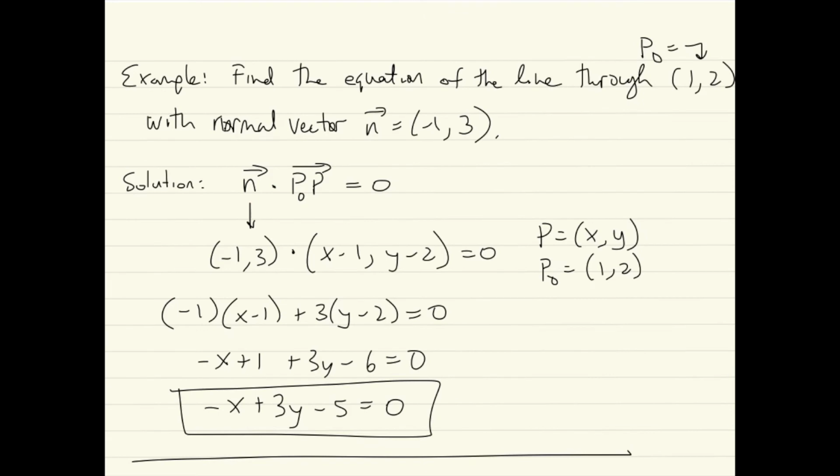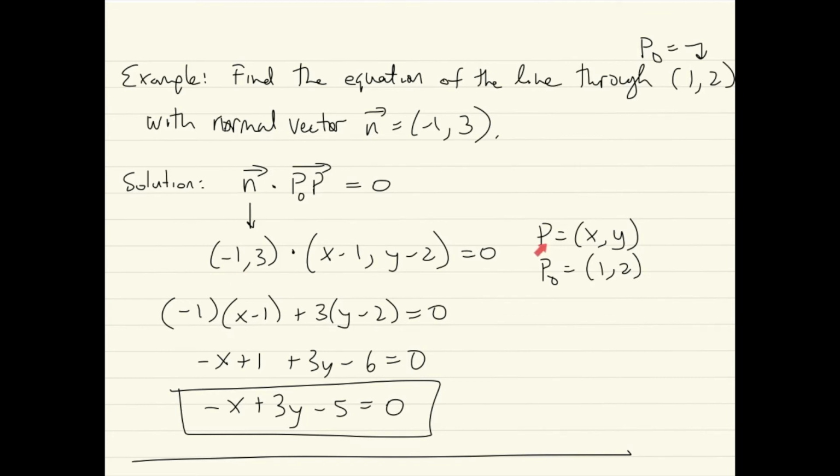Okay, let's find the equation of the line through the point (1, 2) with normal vector (-1, 3). The solution is, well, we know that the normal vector dotted with the vector from P0 to an arbitrary point P on the line has to equal 0. So the normal vector is (-1, 3).